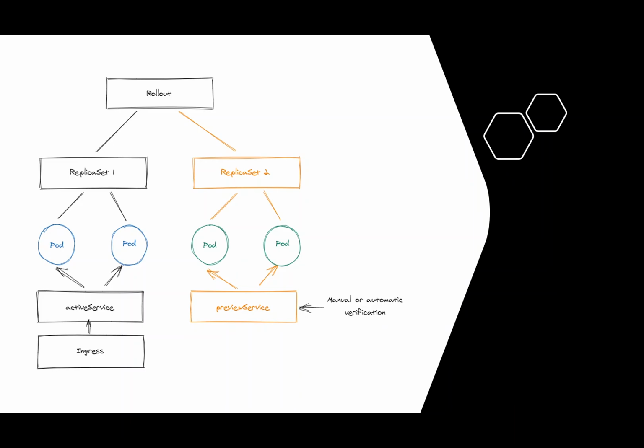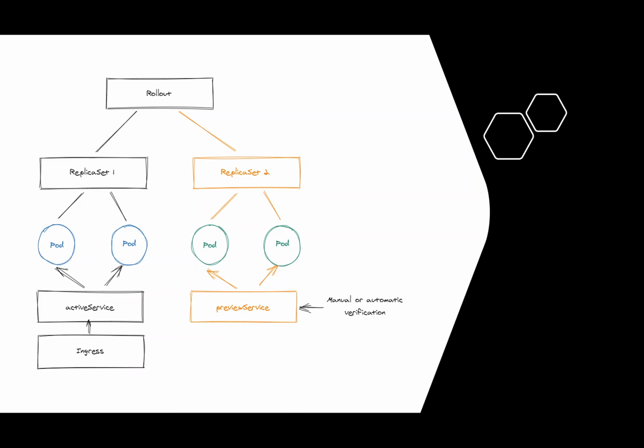Now there are multiple ways in how you can define how the new rollout should become active. You can do this automatically. So when it's fully rolled out, switch over right away to the new service. Or you could actually halt it. You could say, no, I don't want to do an automatic progression.